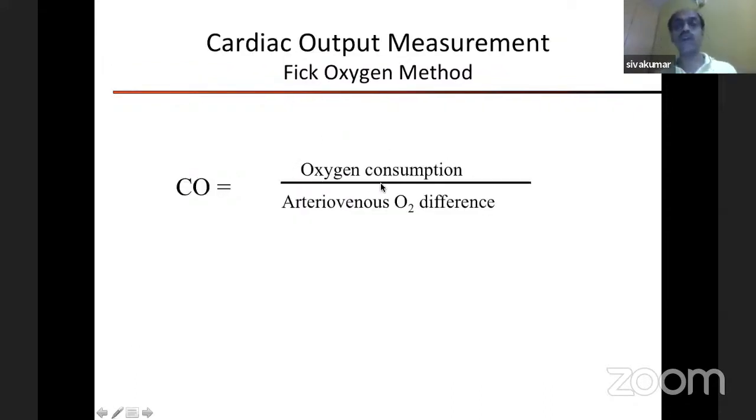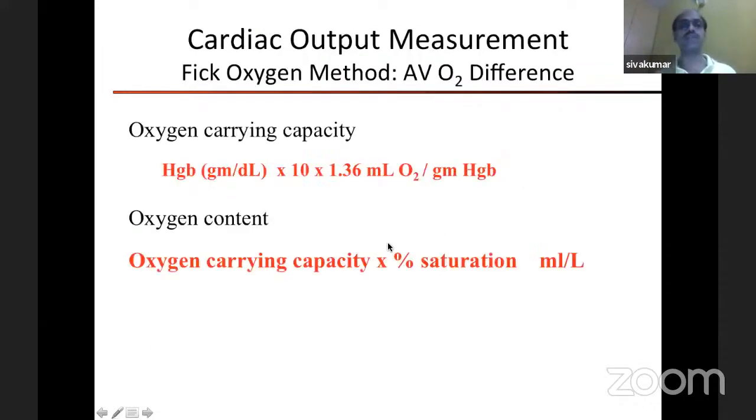So far we have discussed oxygen consumption. Now we are going to the second, arteriovenous oxygen difference. To understand arteriovenous oxygen difference, we need to understand what oxygen carrying capacity is. One gram of hemoglobin, when fully saturated with oxygen, can carry 1.36 ml of oxygen.